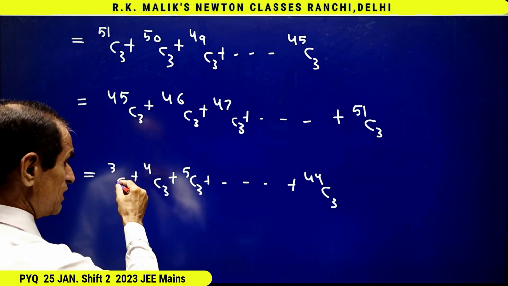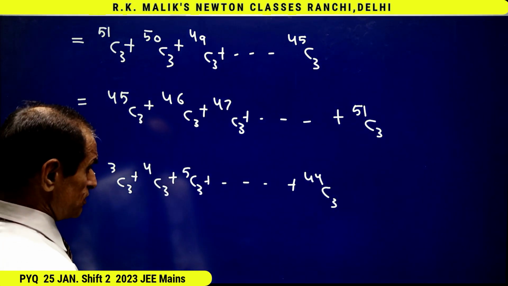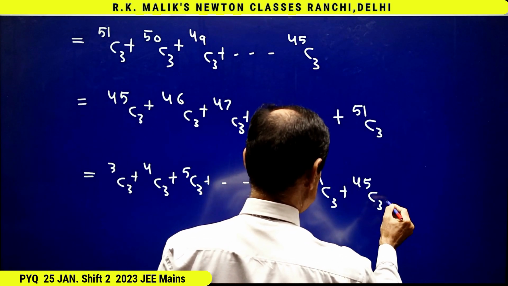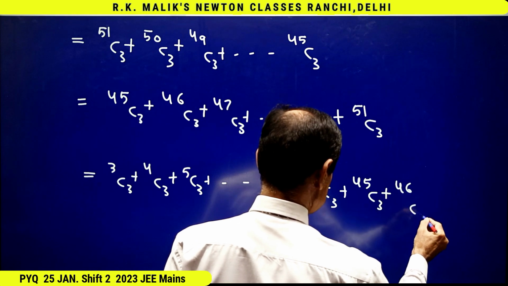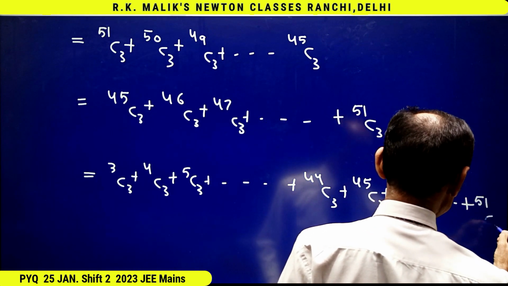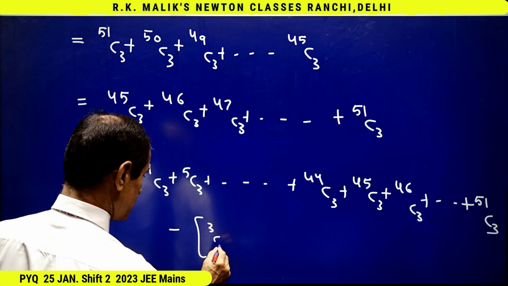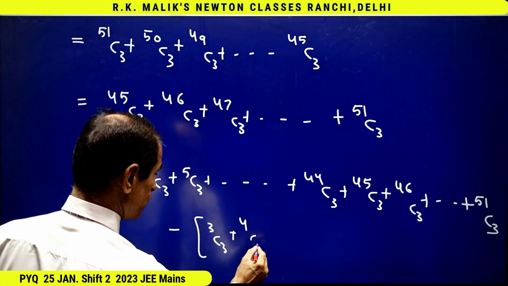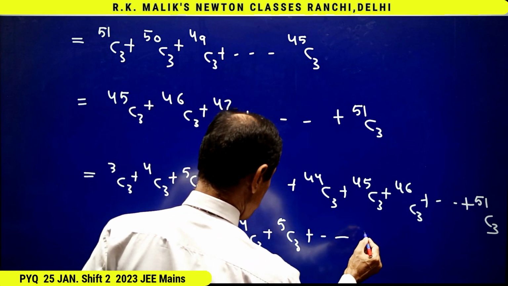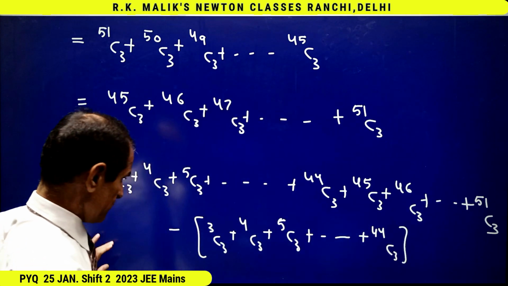These terms I am adding, and in the last I will be subtracting these terms also: plus 45C3 plus 46C3 up to 51C3 minus 3C3 plus 4C3 plus 5C3 up to 44C3.